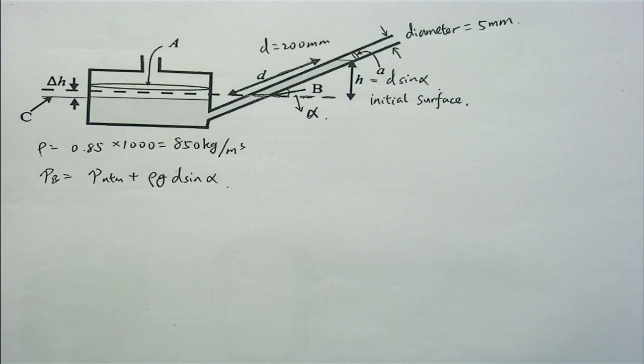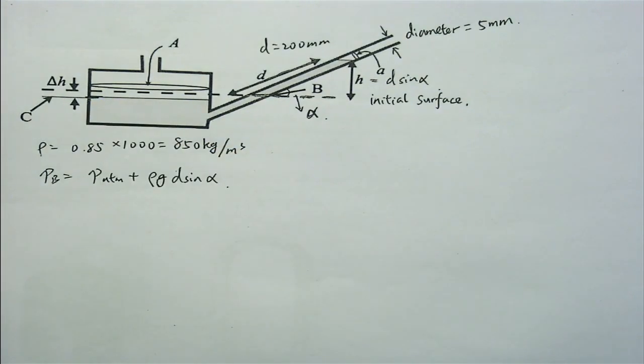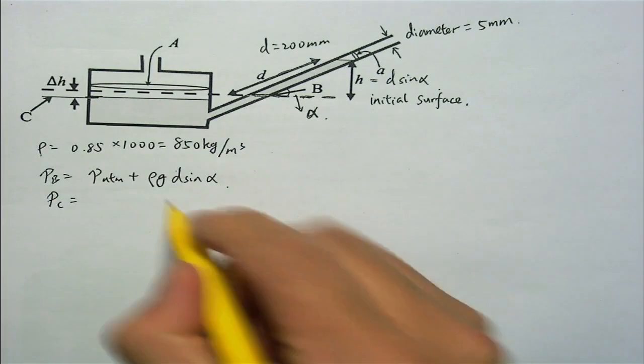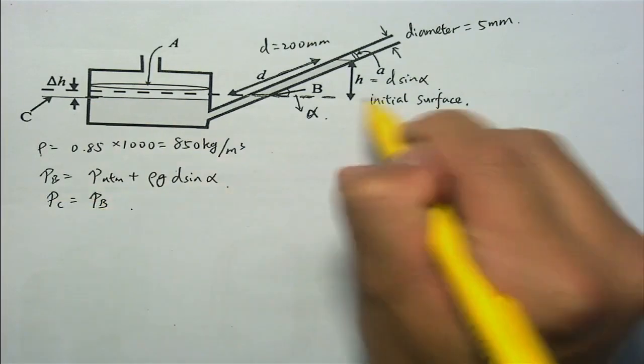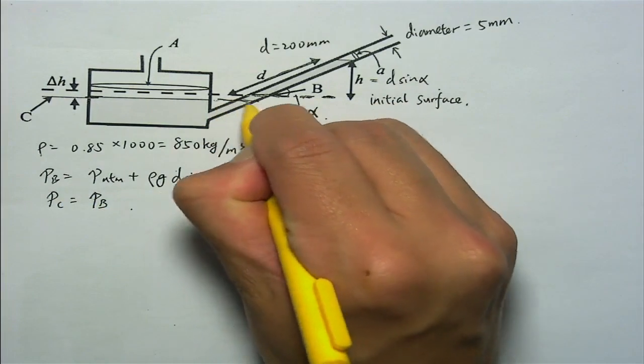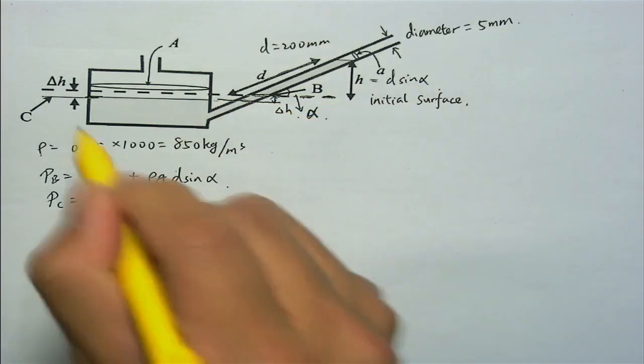And then we know that PC at this surface is equal to PB, the initial surface. It has the delta H here.